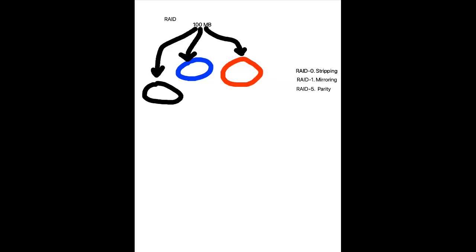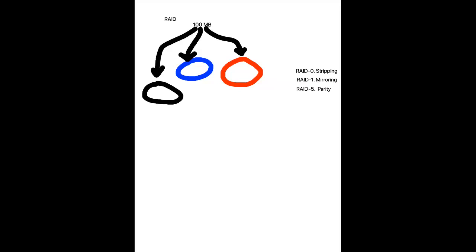See, mirroring also supports fault tolerance for one hard disk failure. Striping does not, but it provides more speed. Parity, that is RAID 5, takes advantage of striping and mirroring. So it will distribute data with parity. Somewhere parities are stored in such a way that we can recover data from one hard disk.